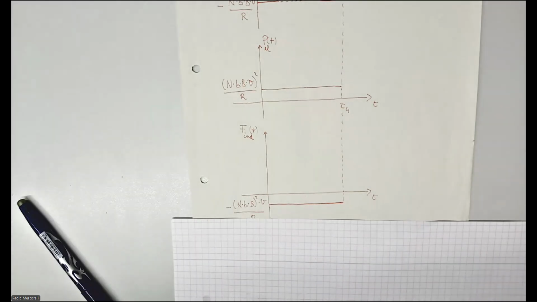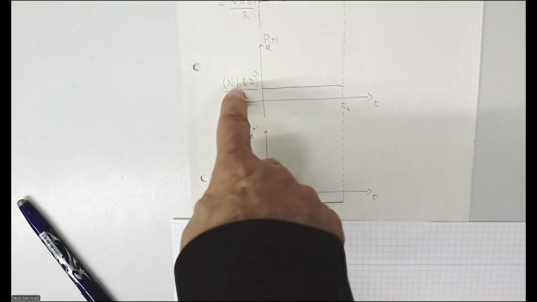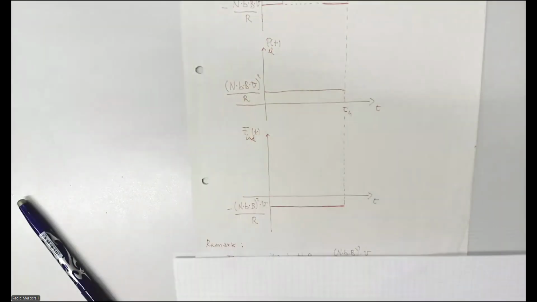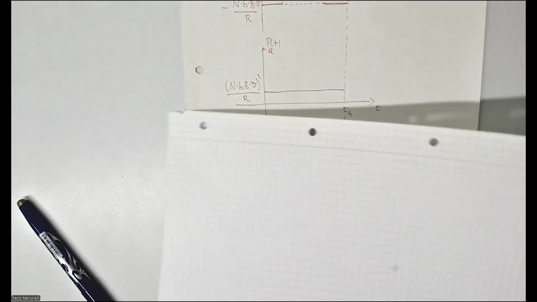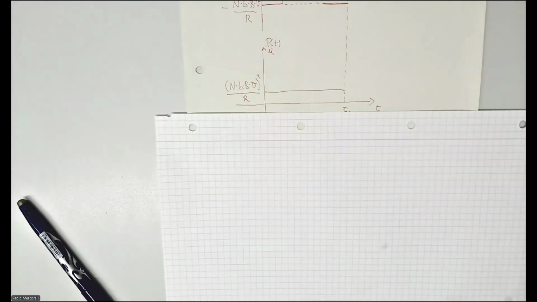You remember when I introduced this Lorentz law, I used the letter L, the length of the conductors involved in the flux. Here, the length is n multiplied by b not capitalized, which multiplies B capitalized, the flux density, which multiplies the current.